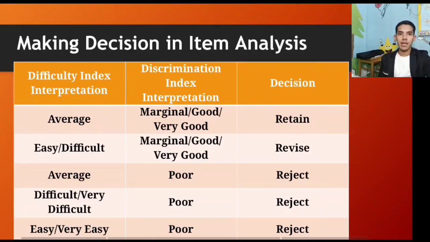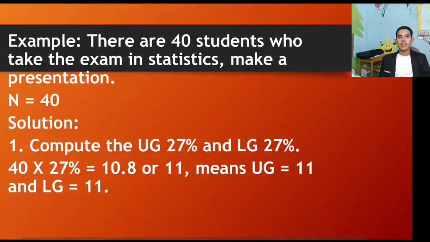So let's have an example. There are 40 students who take the exam in statistics. First thing na alam na natin dyan is there are 40 students, which is our N. Okay, N is equal to 40.